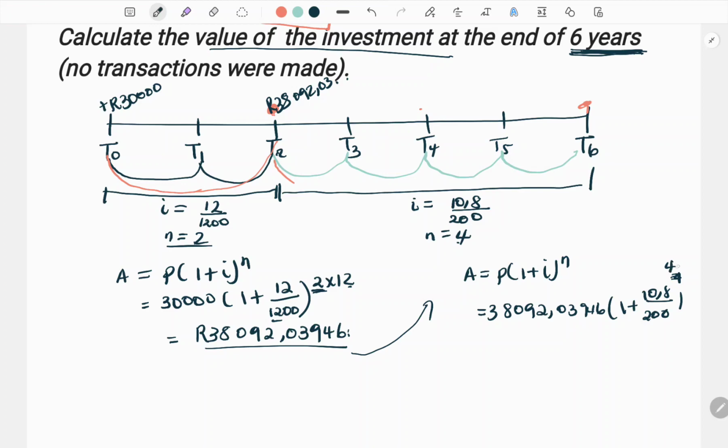Oh, 4 years, 4 times 2, because 2 comes there. Then you punch in your calculator. Then the final answer is 58,017.51. That is this value, it will come here. So at the end of 6 years, this person will be having 58,000.